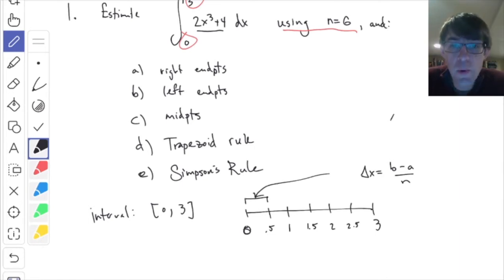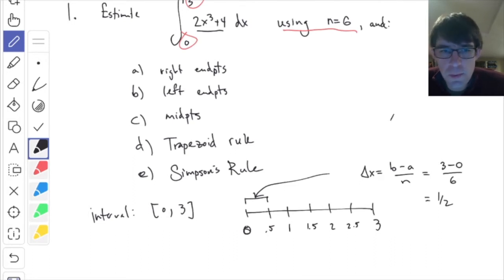In this example, b and a represent the two interval endpoints. So I would get 3 minus 0 divided by n, which is 6. n is the number of divisions you make. And I get a half, right? Which is what I said before by common sense. So if you can do that in your head, that's totally fine. If not, it's a good idea to remember this little formula for delta x.